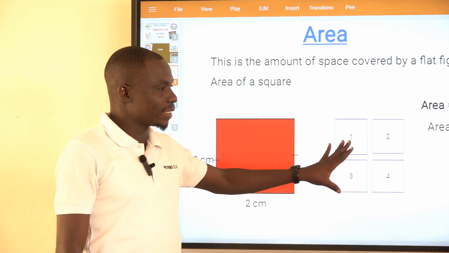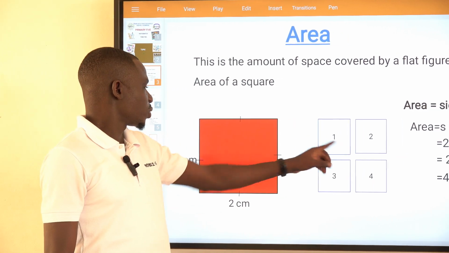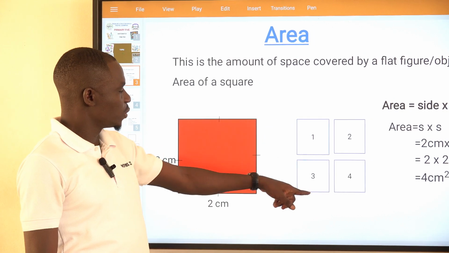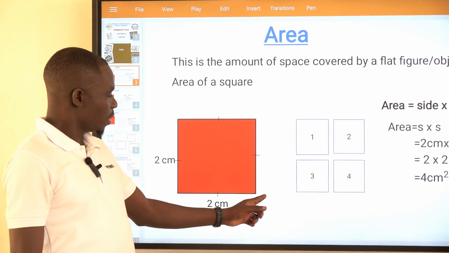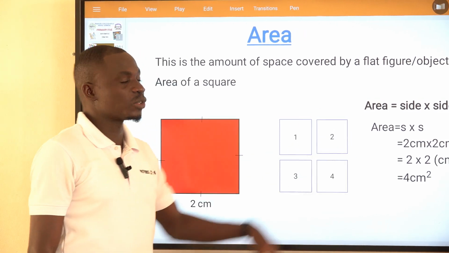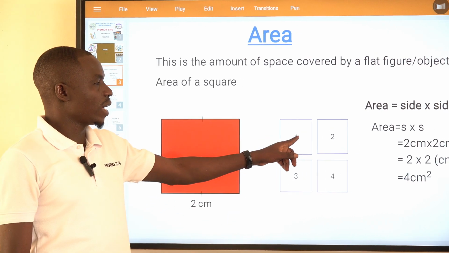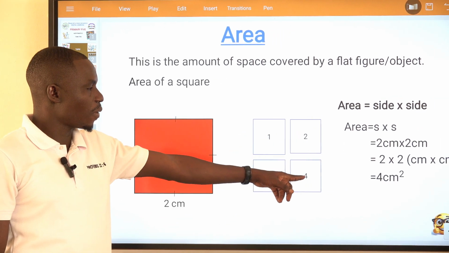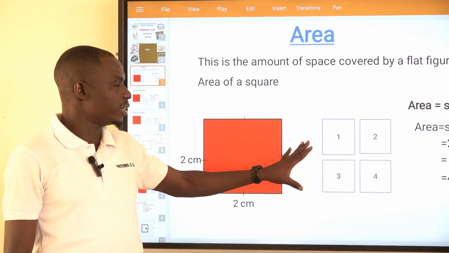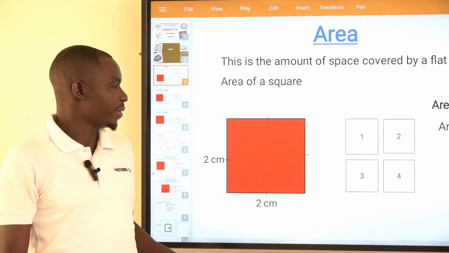The number of squares from here are 1, 2, and on this other side we also have 2. So when you count the squares together, this is 1, 2, 3, 4, which gives us 4 square units. The 4 square units become the area.